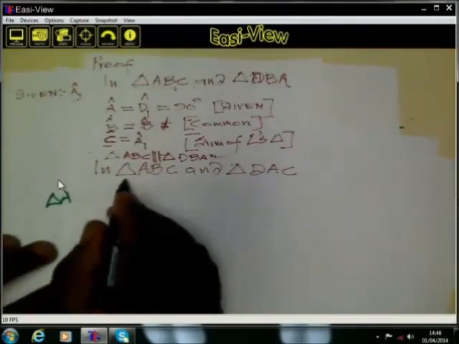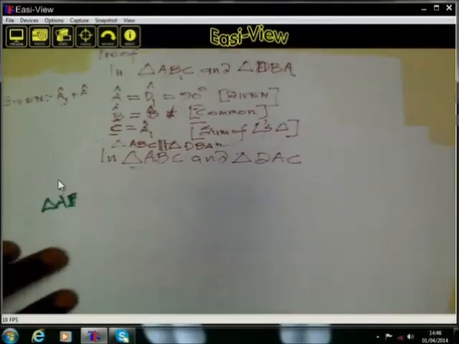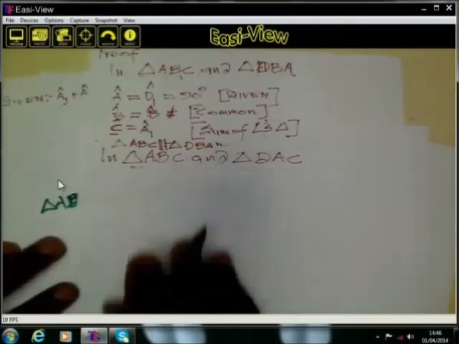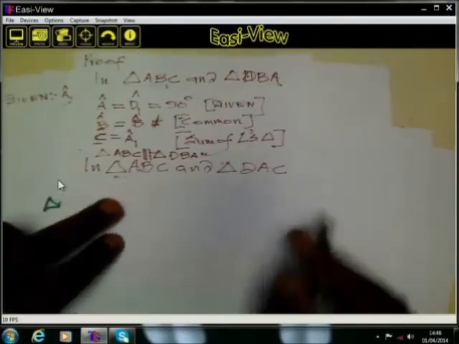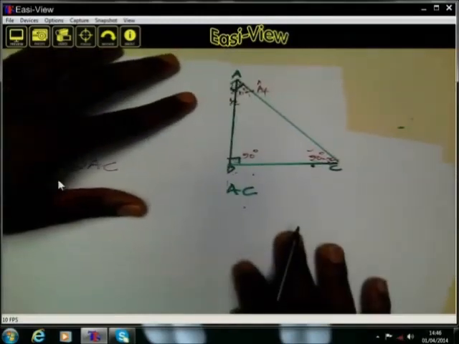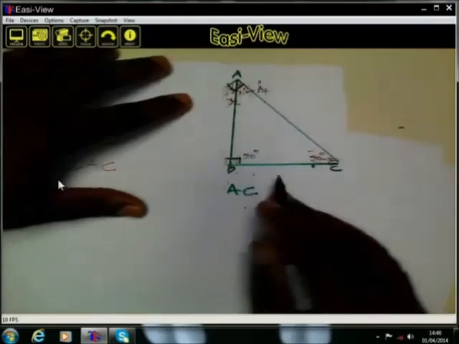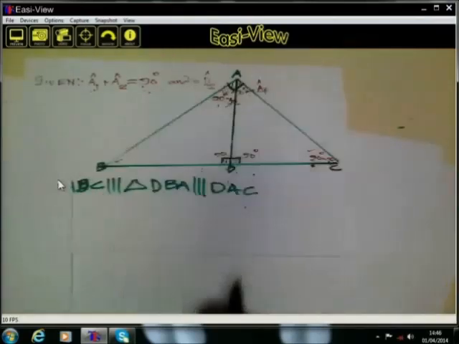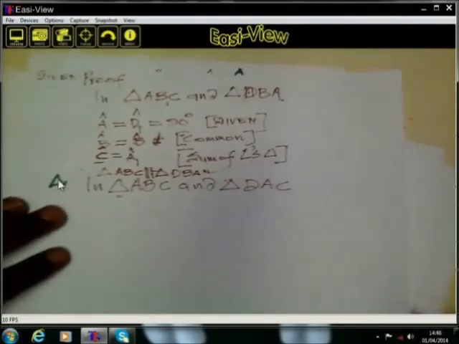Now let us go to the second proof, wherein we are going to look at triangle ABC and triangle DAC. That is this triangle DAC with a bigger triangle ABC. What is it that we can source out as information to use?